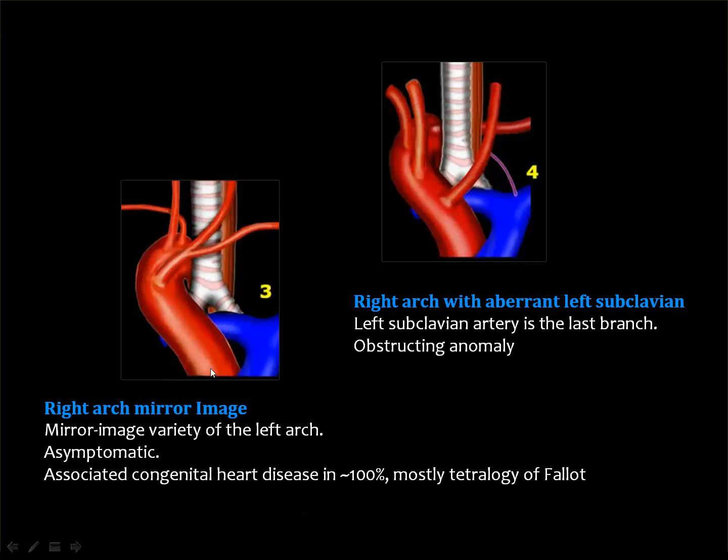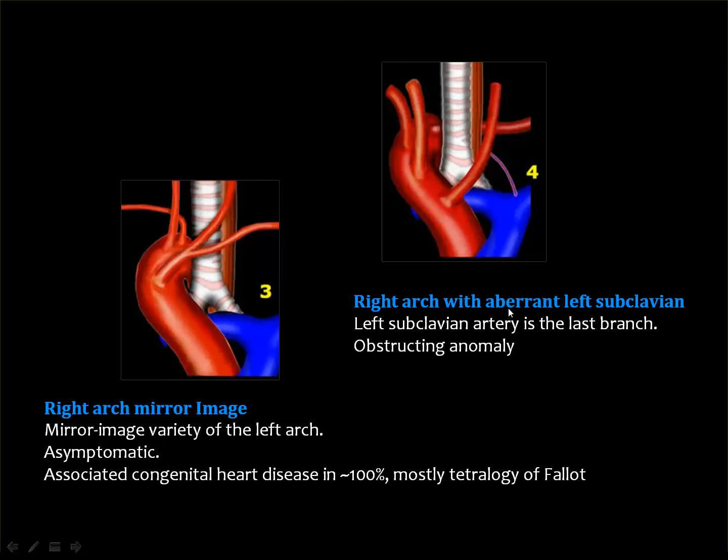And here is the right arch mirror image, where instead of a left-sided aortic arch with the normal originating vessels, you get a right-sided aortic arch with normal originating vessels, which is known as a mirror image aortic arch.